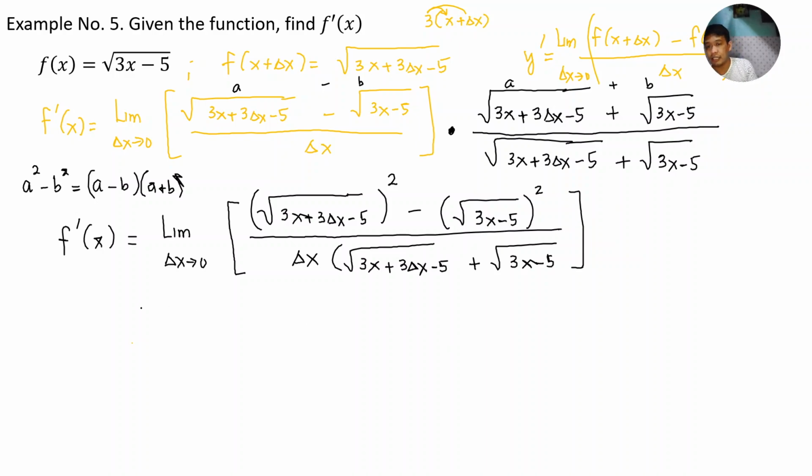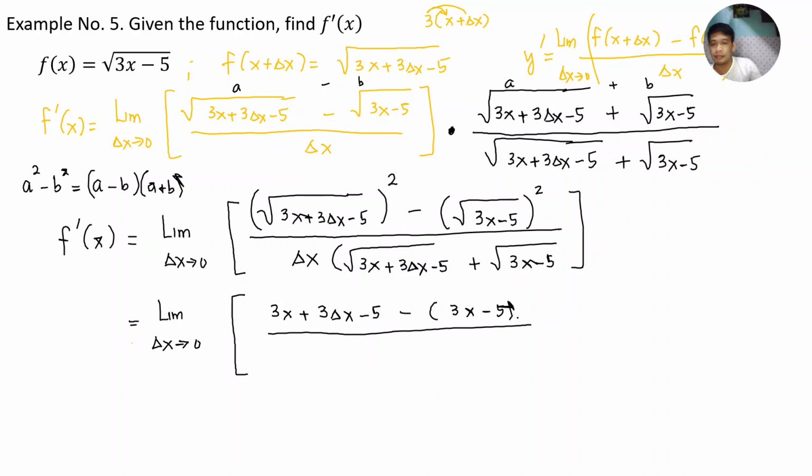Let us simplify the numerator. Once you square that, it becomes limit as delta x approaches 0. Squaring your numerator, it becomes 3x plus 3 delta x minus 5, because the square root cancels out with that squared, minus the quantity 3x minus 5.